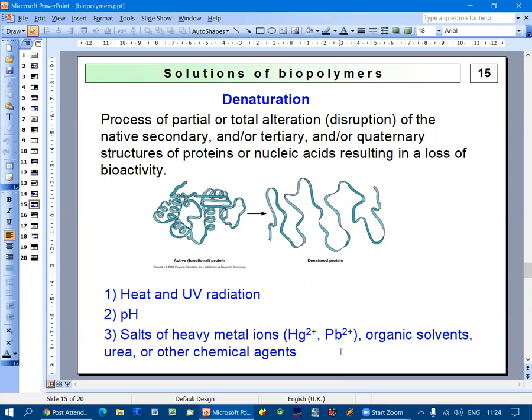Copper sulfate, a high concentration of copper sulfate can cause denaturation, because the copper cation likes to form complex structures with amino groups, and free amino groups of proteins can form these complex compounds, and they won't participate then in hydrogen bond formation. So all these factors will cause denaturation.